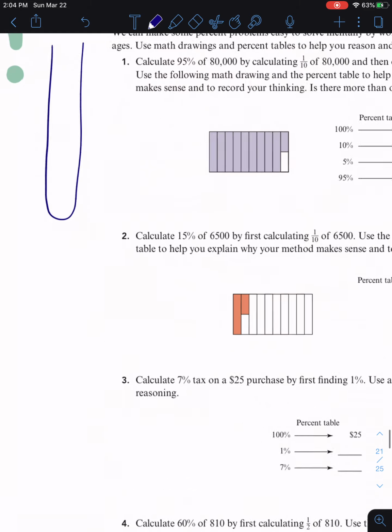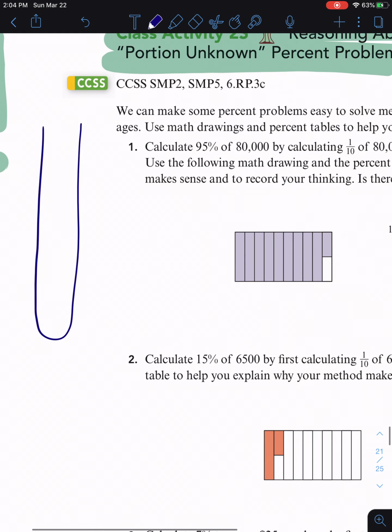So for example, here we're asked to calculate 95% of 80,000, and that's all I'm going to do. So we have a percent on one side and some kind of a number on the other side. Now we have a place where we're measuring 80,000 items, whatever that is.